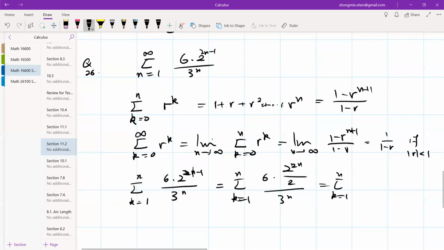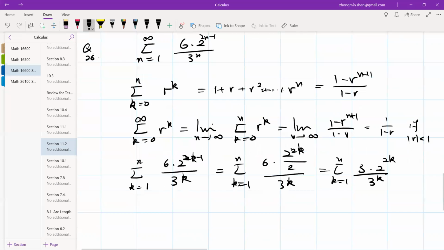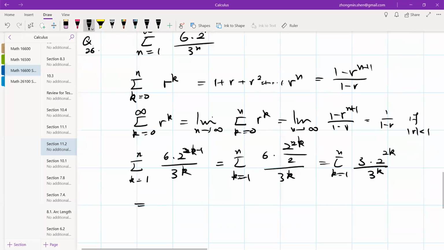Let's use a k here. So that's going to be 3. Then you can continue to simplify. It's going to be 3 to the k minus 1.